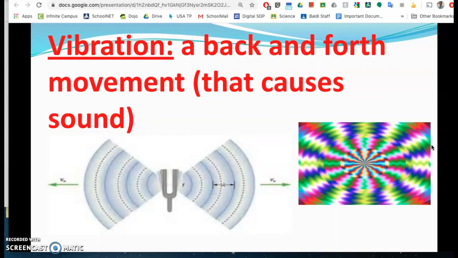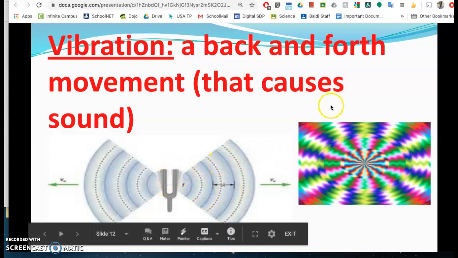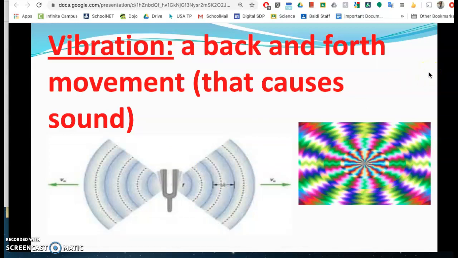Okay, so what is a vibration? I think there's a lot of different thoughts about what this means. A vibration is a back and forth motion. When you hit a tuning fork, most people don't know what a tuning fork is anyway, or you pluck a string, or you speak, there is something that is going back and forth quickly, usually many hundreds of times per second, that causes the air around it, or whatever material is around it, to vibrate.